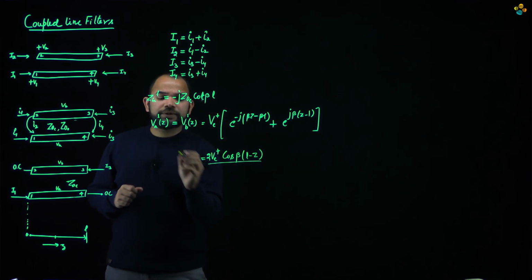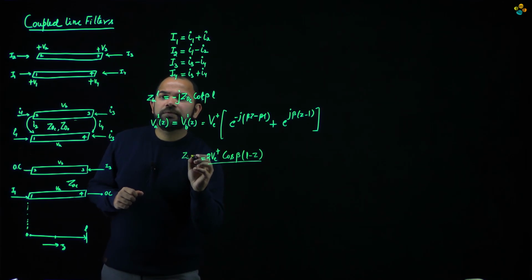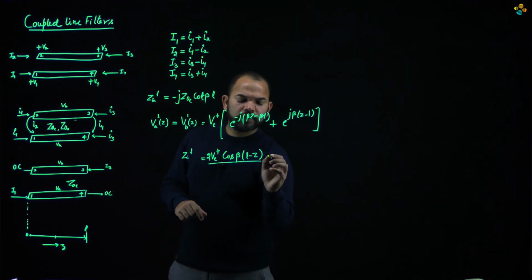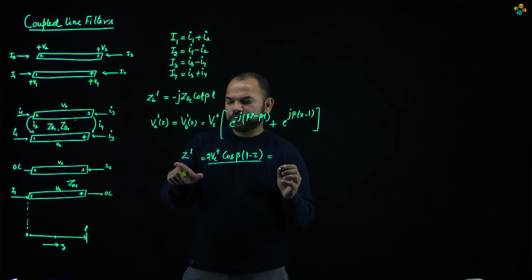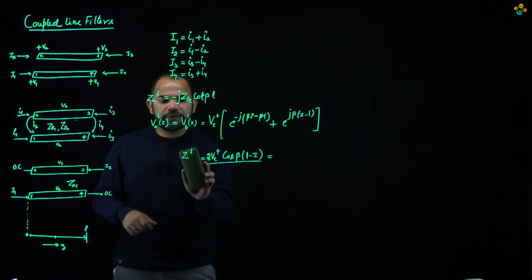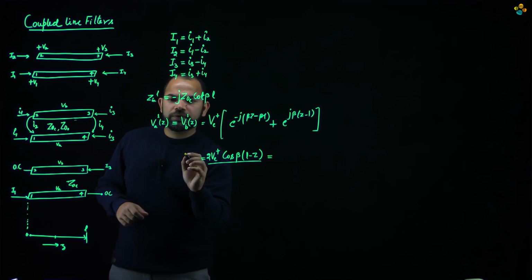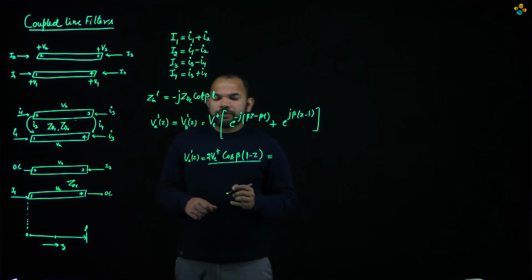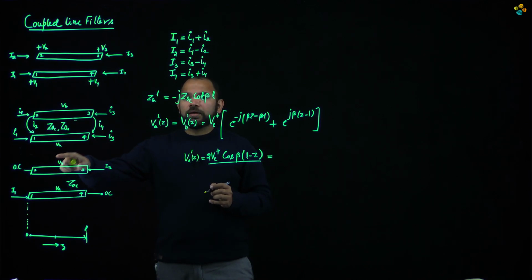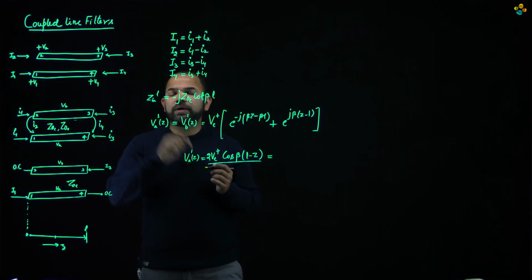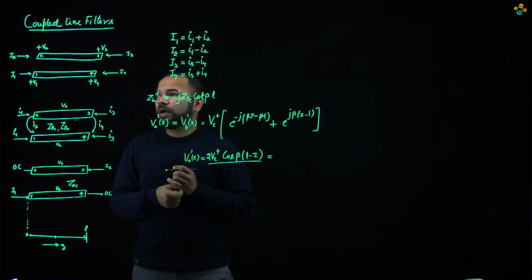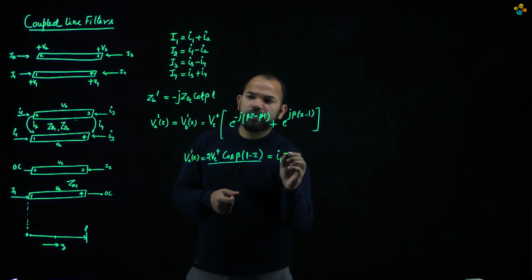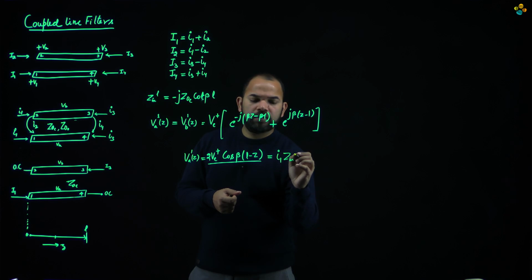Sorry, this is not Zin, this is our voltage VA(z). Now if we wanted to say in terms of Zin, this voltage could also be written as equal to I1 into Zin at L.